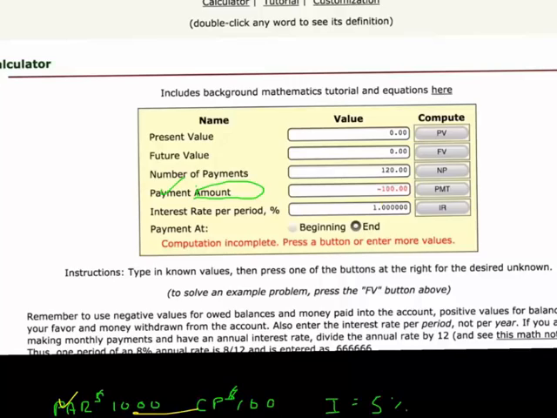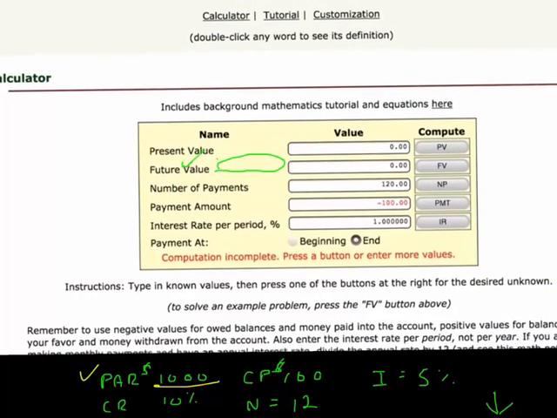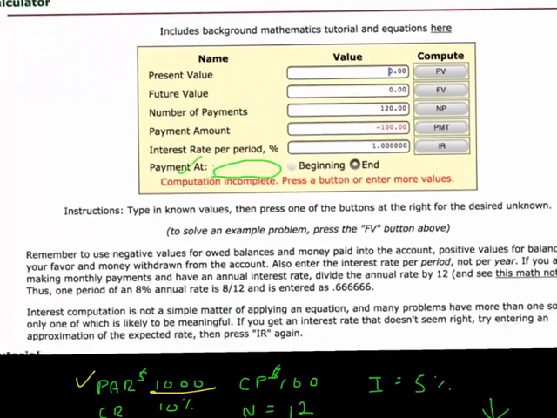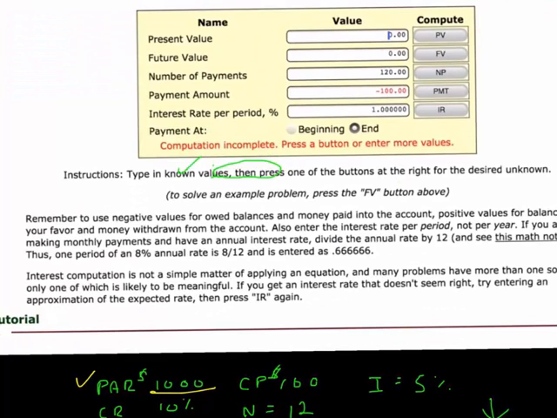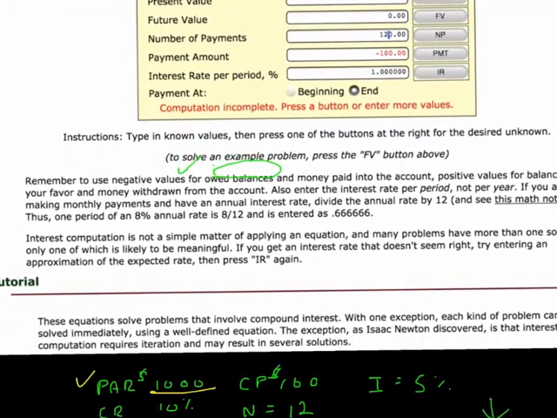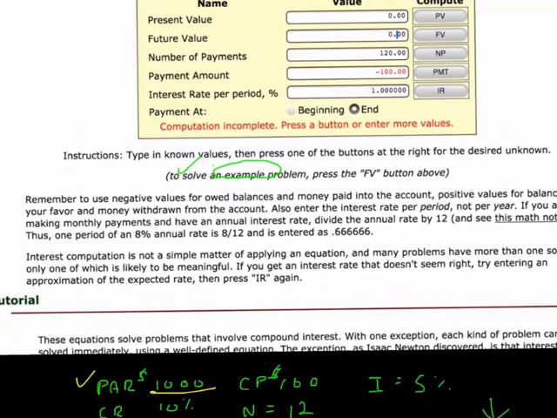Okay, so our future value is going to be 1,000. When we're looking at payment flows, we put in a negative, so don't let that throw you.